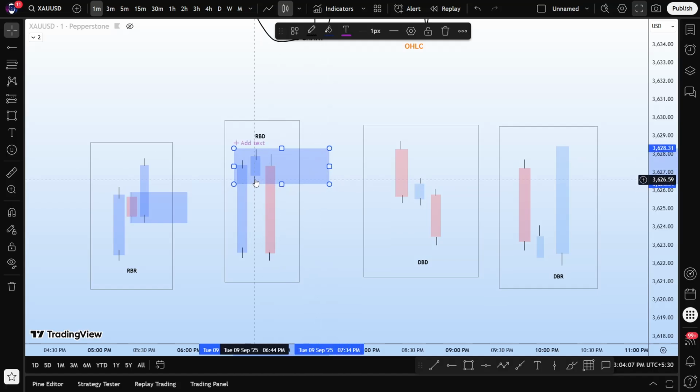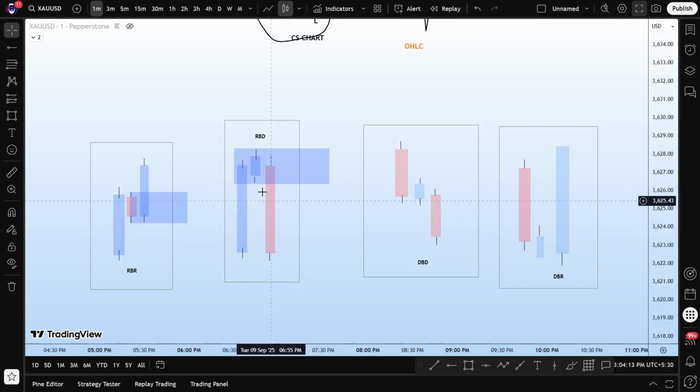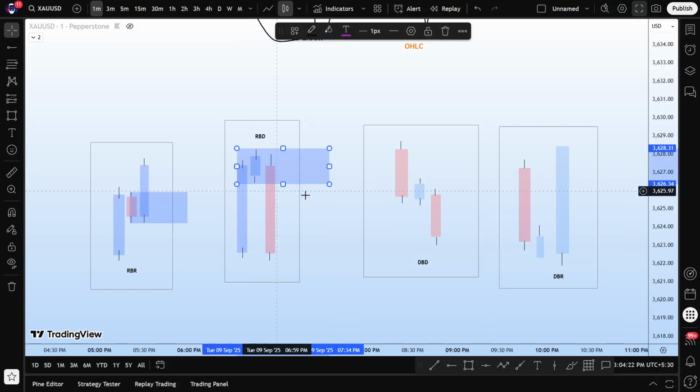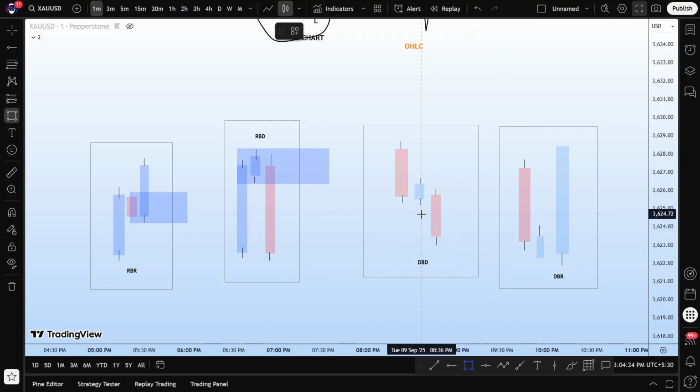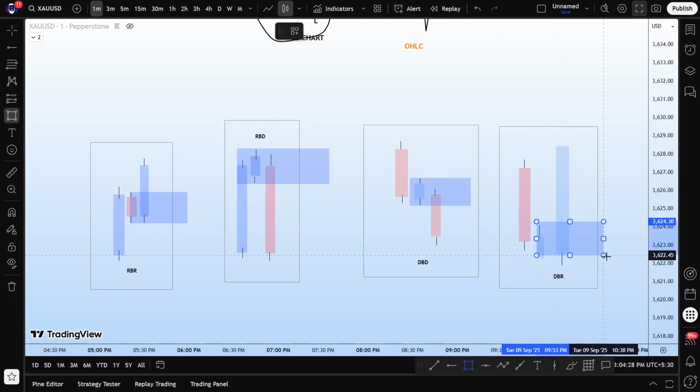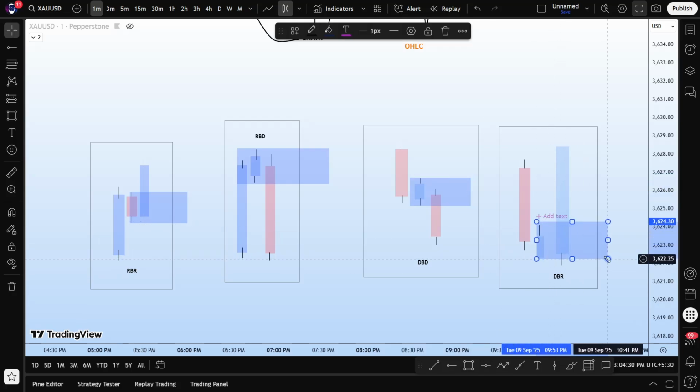Why? Because the low of this bullish candlestick has been engulfed by a bearish candlestick. So in the case of rally, base, and a drop, we are forming a bearish engulfing sell. The same goes for over here. We have a bearish engulfing and a bullish engulfing over here.